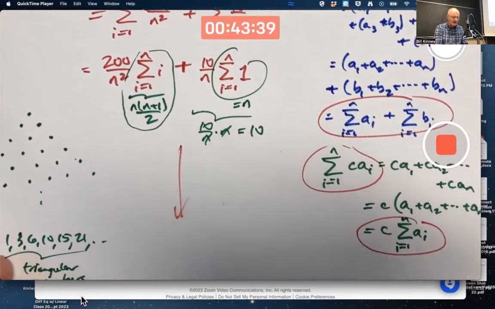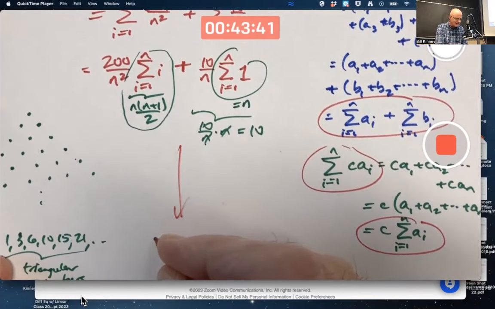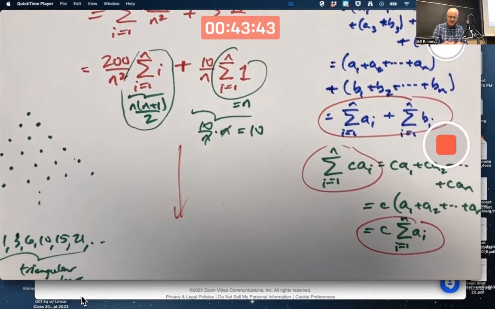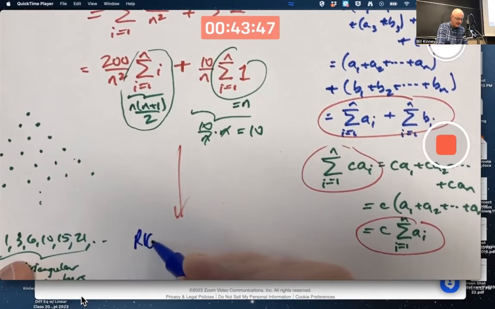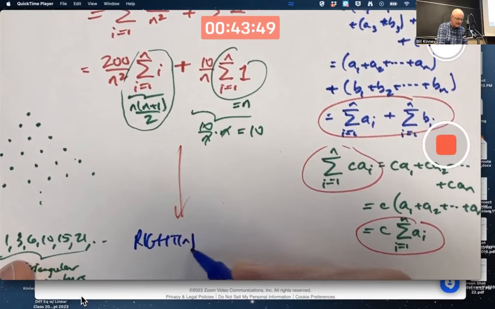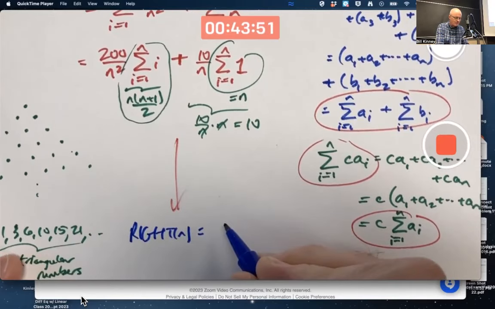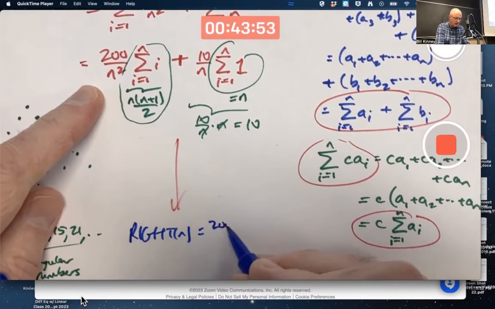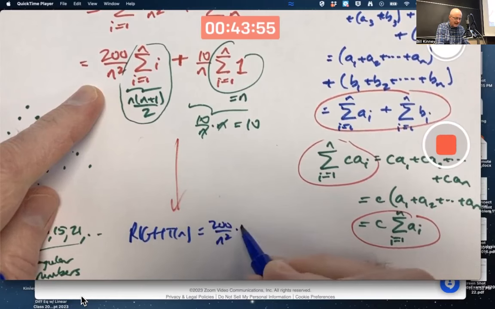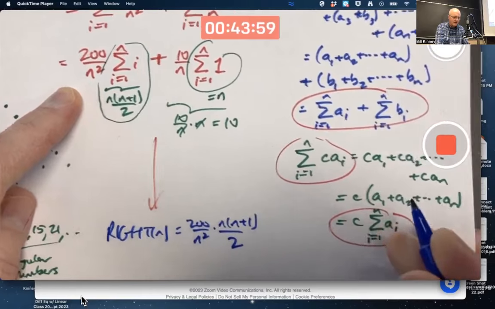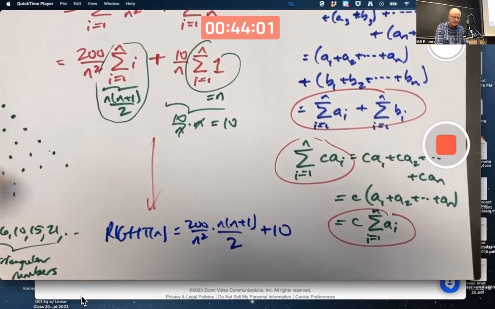All right, so where are we? What do we have here? Let's write it out here. What we've just figured out is evidently that R of n equals 200 over n squared times n times n plus 1 over 2, plus 10.